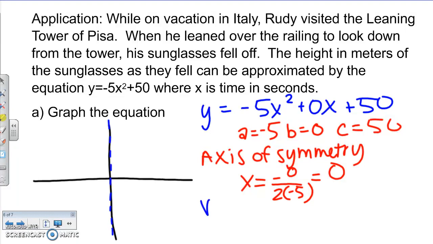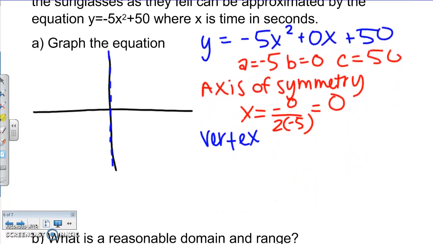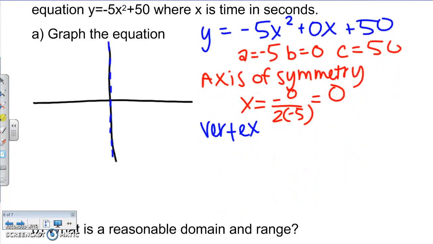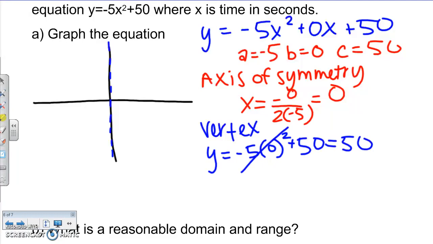Then if I plug that in, plug in 0 and I get y equals -5, 0 squared plus 50. That cancels and gives me 50.